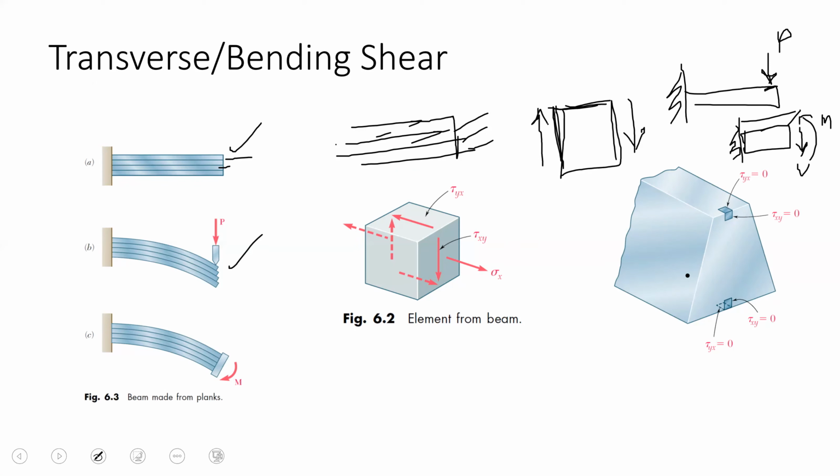This shear, this is V. This shear is the positive shear, as per chapters 4 and 5, because this face is going up, this face is going down.